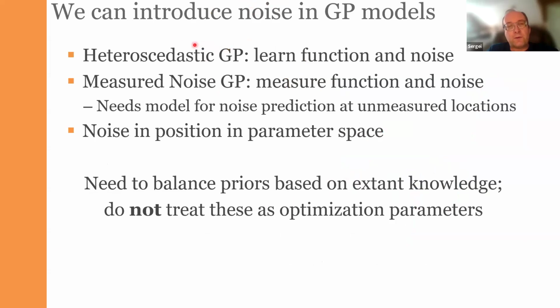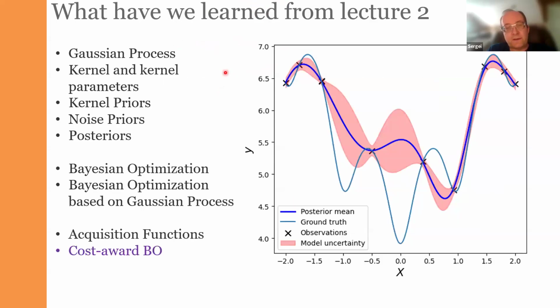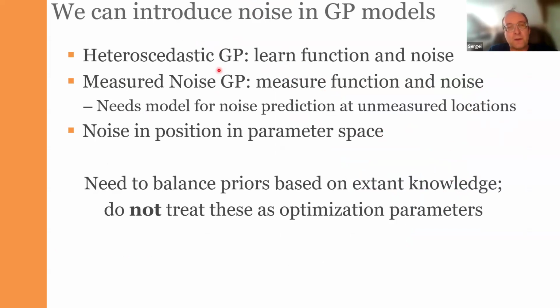Then we talked about how we can introduce noise in the Gaussian process. In the simple case, the noise is the same everywhere. We assume that the measurement gives us the same noise no matter where we are in the parameter space. There are several ways we can supersede this limitation. The heteroscedastic Gaussian process allows us to learn the function and the noise.